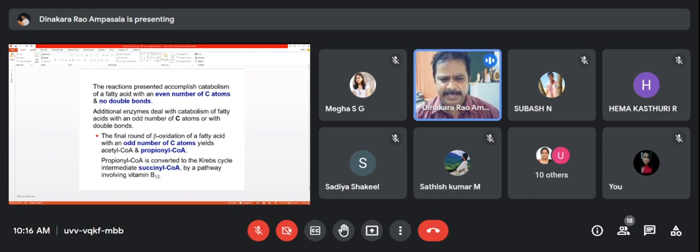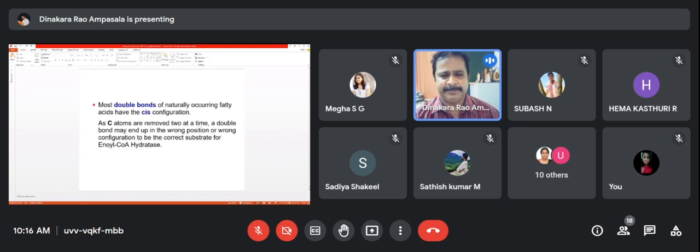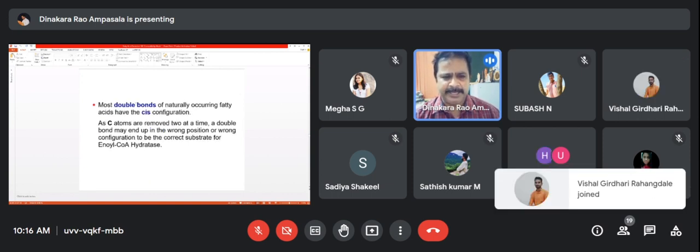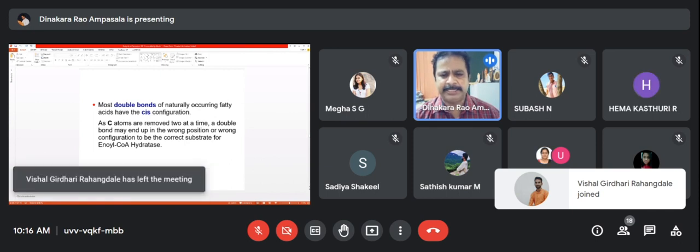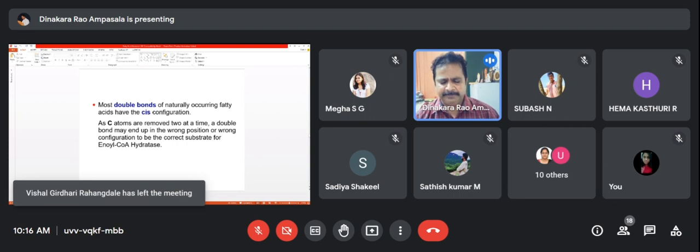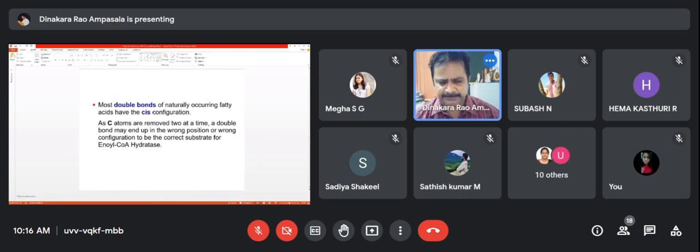Propionyl-CoA is converted into the Krebs cycle intermediate succinyl-CoA by a pathway involving vitamin B12. Now, double bonds. Mostly naturally occurring fatty acids have cis configuration. If you have trans fats, they also enter into beta oxidation with double bonds.